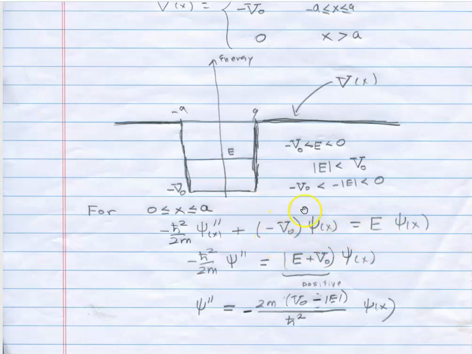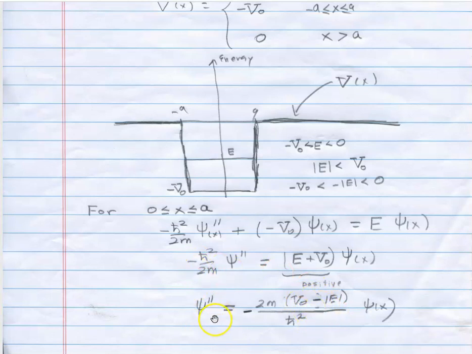First thing I'll do is bring this over to the right-hand side, and you'll get V naught plus E. And since E is negative and V naught is how deep it is, V naught being positive, this number here is always going to be a positive number. V naught essentially minus the absolute value of E, but the absolute value of E is less than V naught. So this quantity in parentheses is a positive number, and if I really want to emphasize it, I could write it like this.